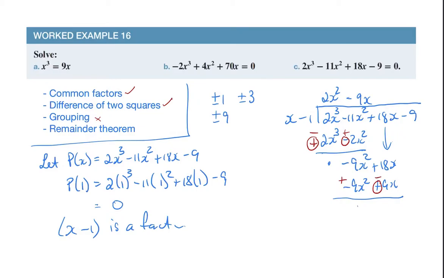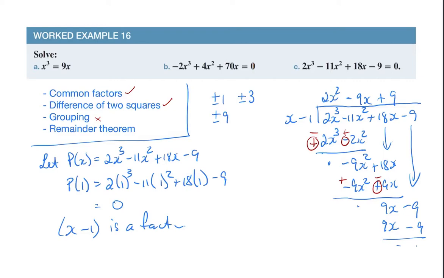Negative 9x squared plus 9x squared is nothing. 18x take away 9x is 9x. And the 9 comes down to negative 9. Then x divided into 9x is plus 9 times. I multiply back: 9 times x is 9x, and 9 times negative 1 equals negative 9.